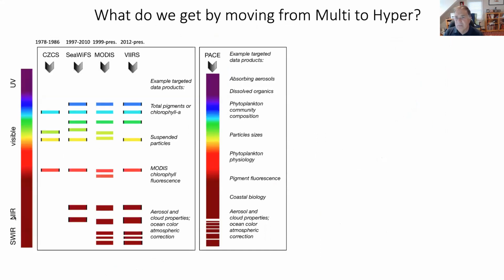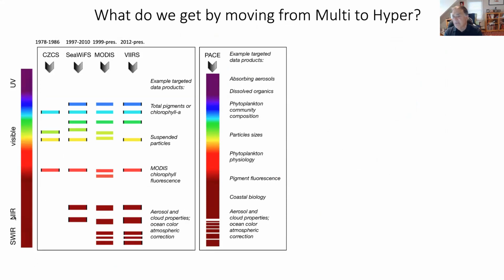Okay, and so, what do we get from moving from multispectral satellites that are up in space right now to a hyperspectral ocean color sensor like PACE? Well, we get a lot more. We can understand this phytoplankton physiology and community composition much better. You'll see up in the purple here, we get some information on absorbing aerosols.